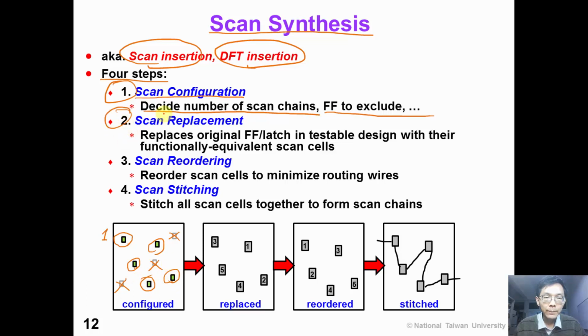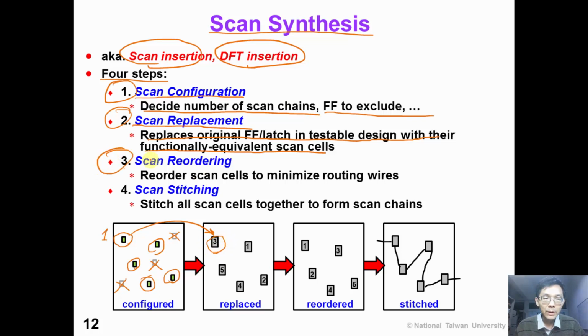In the second step, scan replacement, we will replace the original flip-flop or latch in the testable design with their functionally equivalent scan cell. For example, we would replace the original flip-flop into a scan flip-flop, which is larger.